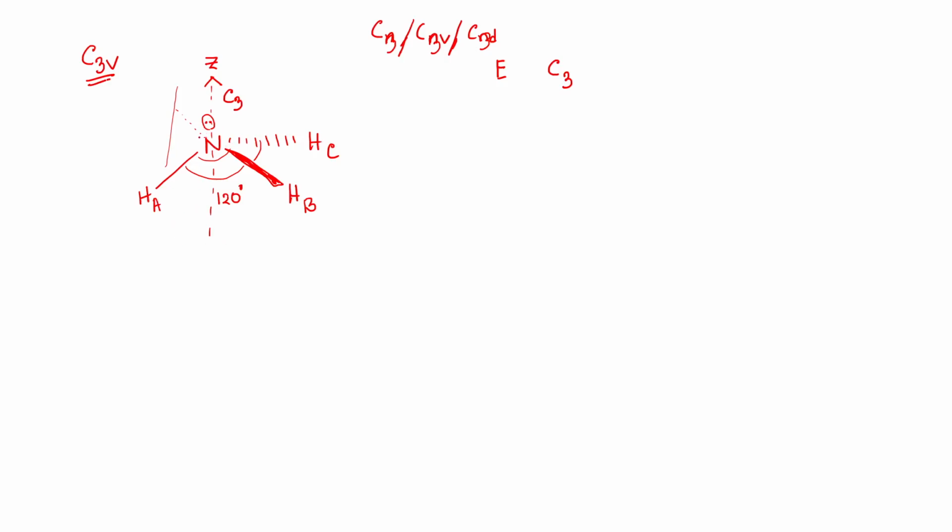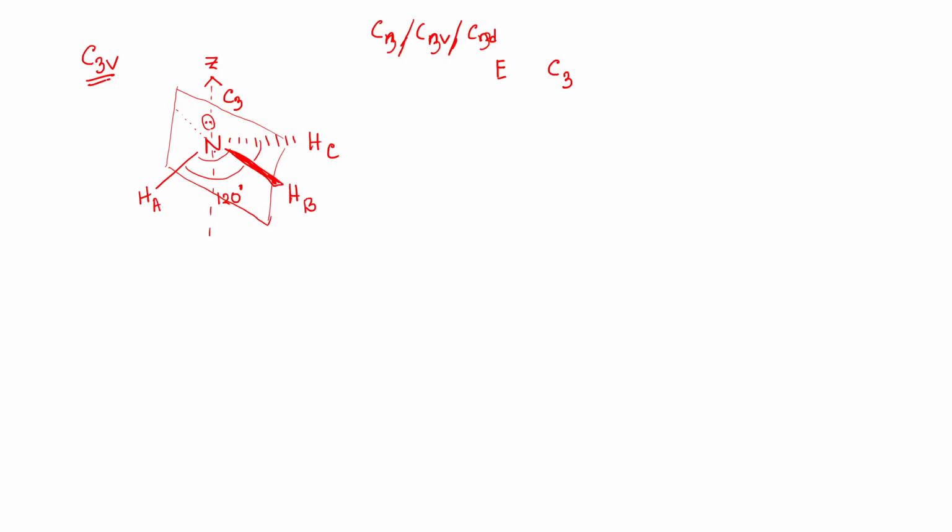Then you try to find out. You are already sure that there are no perpendicular C2 axes to your C3. Now you try to see if there are any sigma v's. Sigma v will contain your Z axis, the C3. Suppose this is one of the planes. It contains your Z axis and this N-H bond, right?